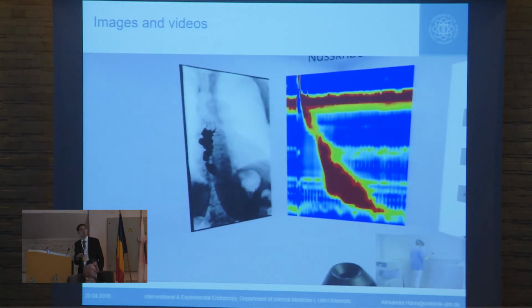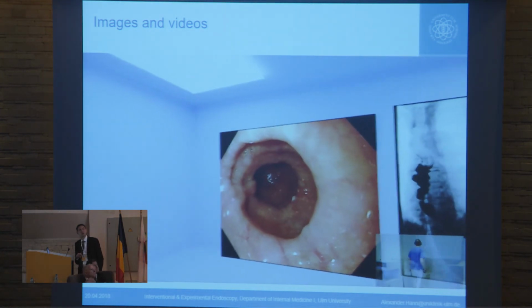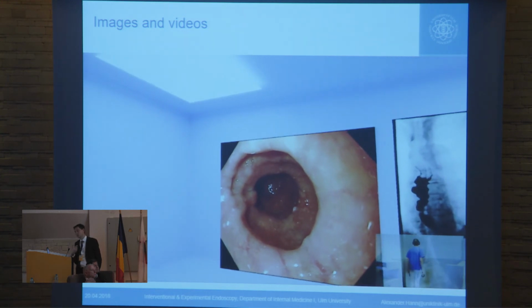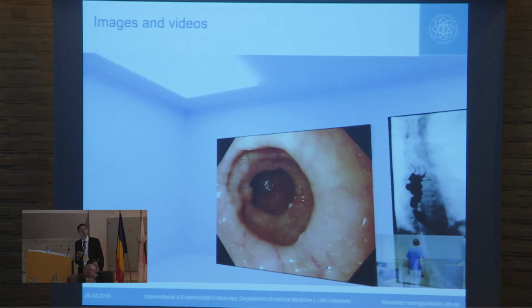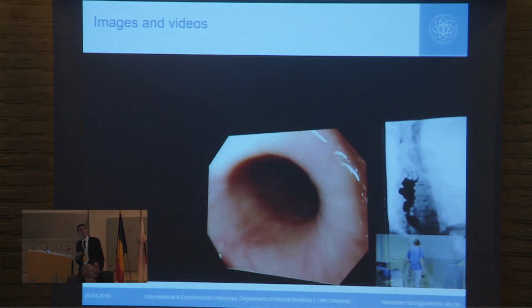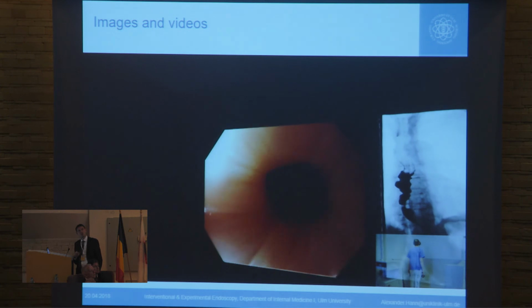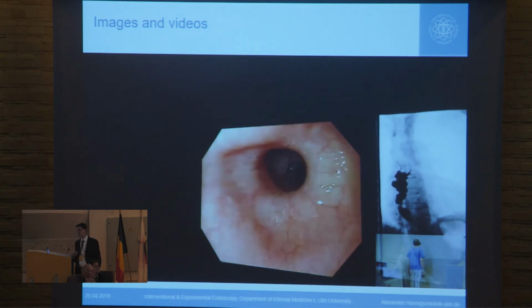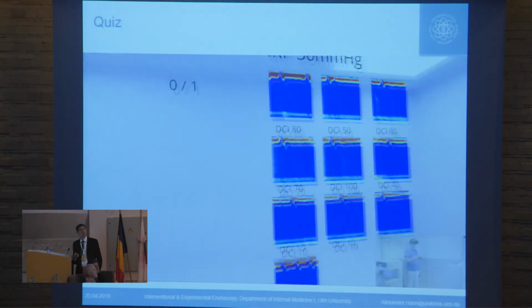But you can also implement endoscopic videos like this one here to present to the students how simultaneous contractions look like, and so all of those images and sound can be implemented.